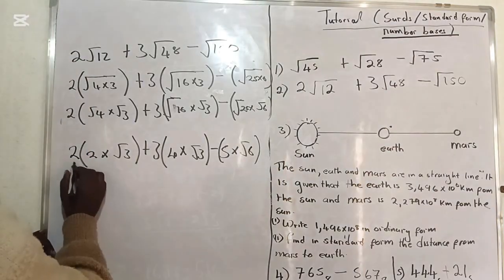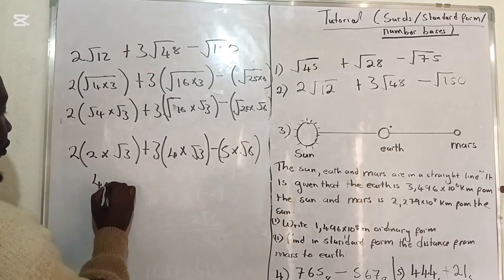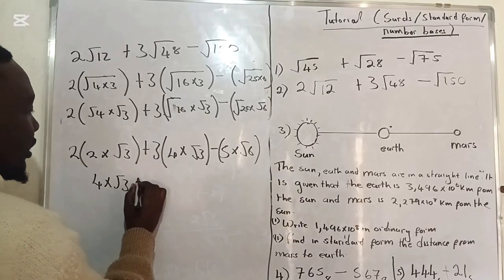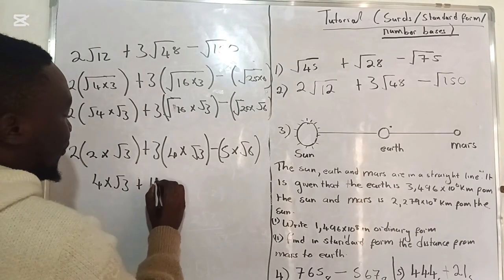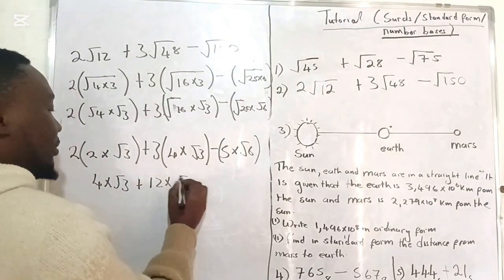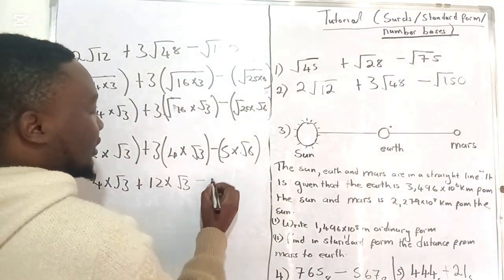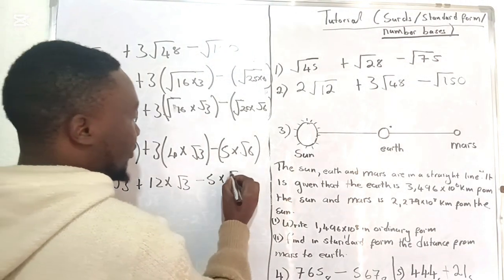Then we remove the brackets. That's going to be 4 multiplied by root 3 plus 3 times 4, that's going to be 12 multiplied by root 3, minus 5 multiplied by root 6.